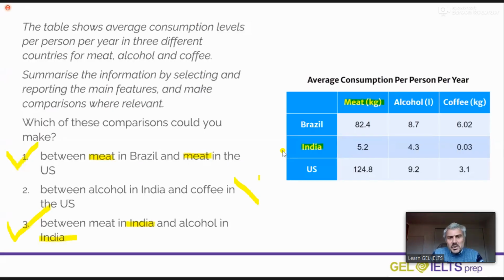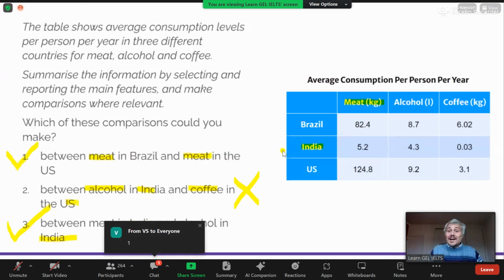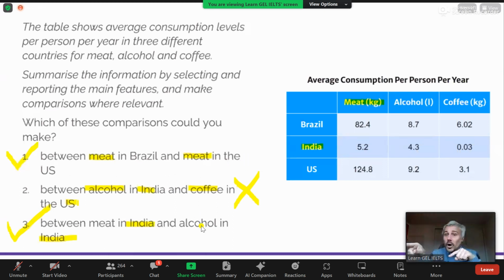But number two does not make sense. We've got different products and different countries. So what are we comparing? This comparison does not tell us anything. Think carefully about what you are comparing. There must be something common to be comparing correctly.